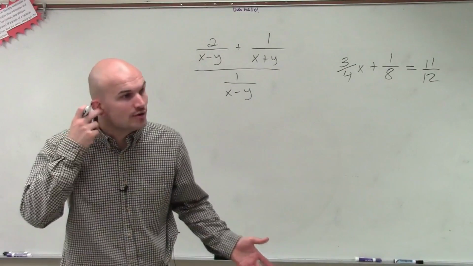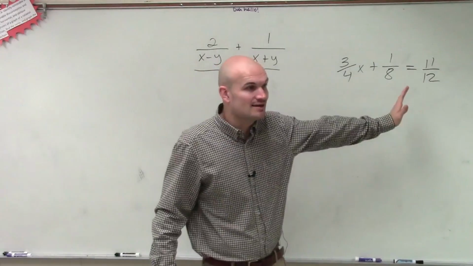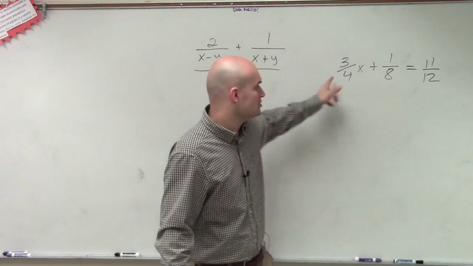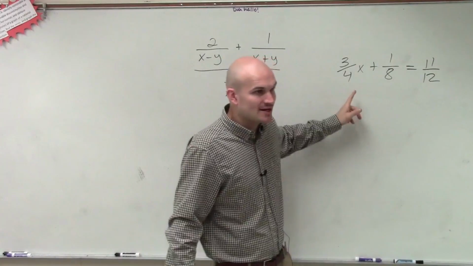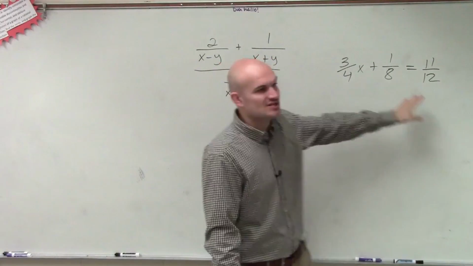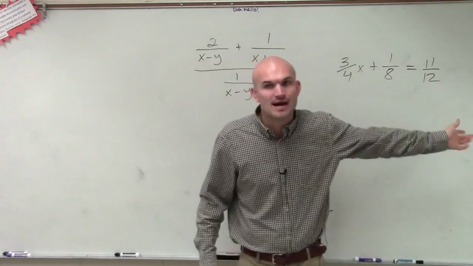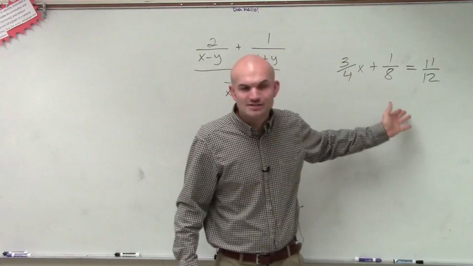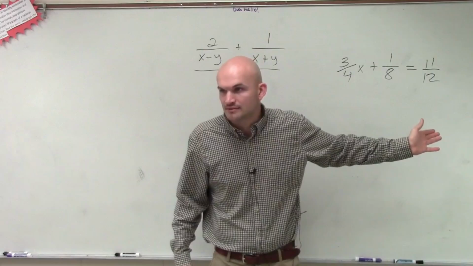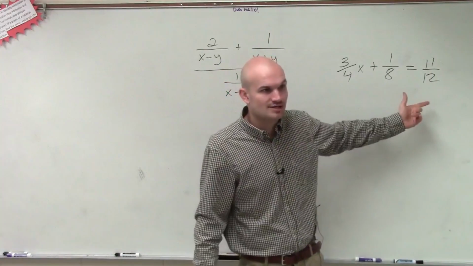So what we would do is multiply everything by our least common multiple, our least common denominator, to get rid of the fractions. If you had an equation like this, none of them have common denominators. This would just be a mess trying to do all fraction operations, right? Would anybody want to do this?